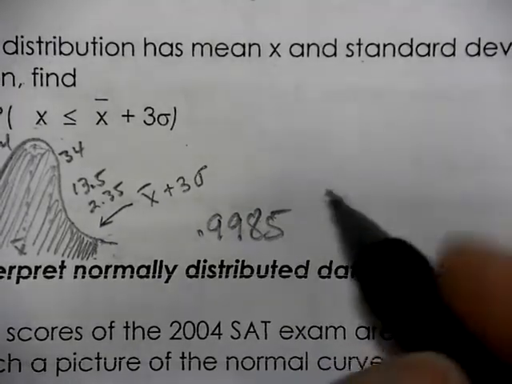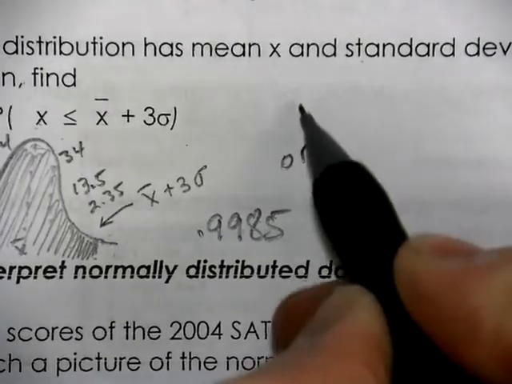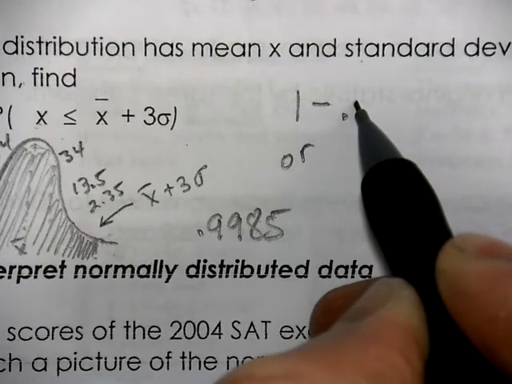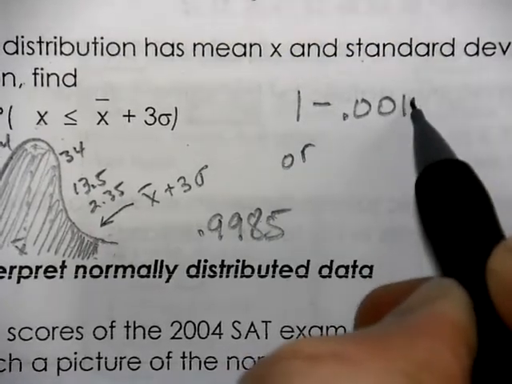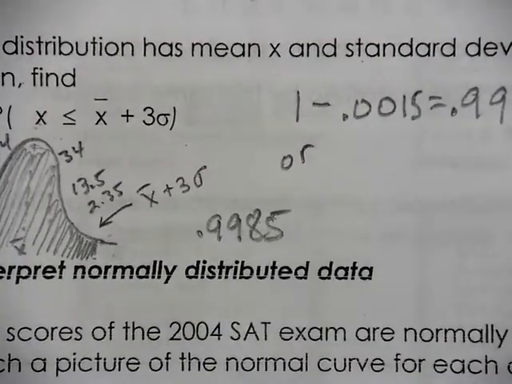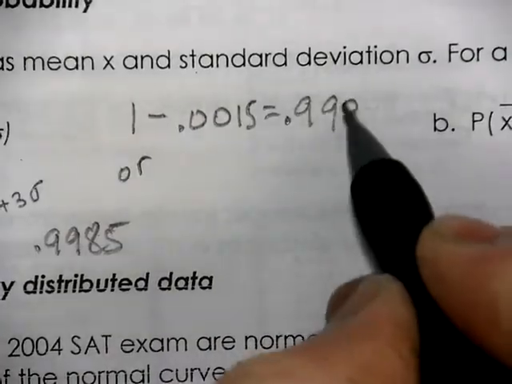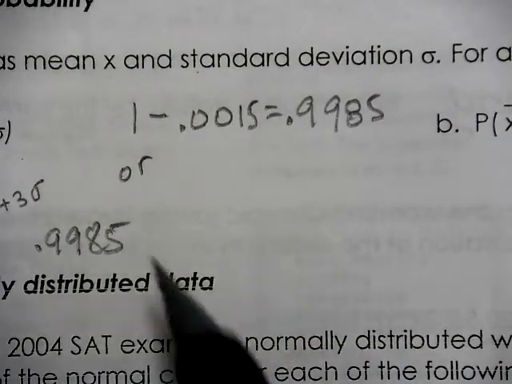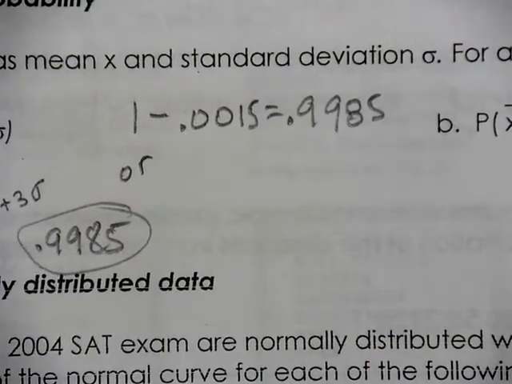So another way we can calculate this is to say 1 minus 0.0015, which gives us 0.9985. So either way you look at that, that would be your answer.